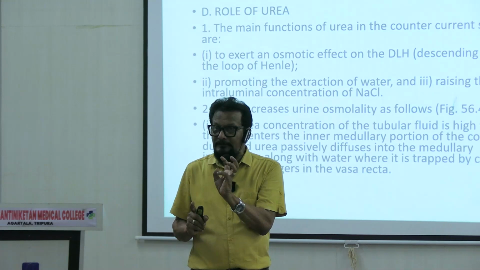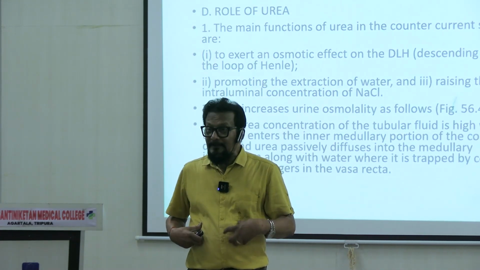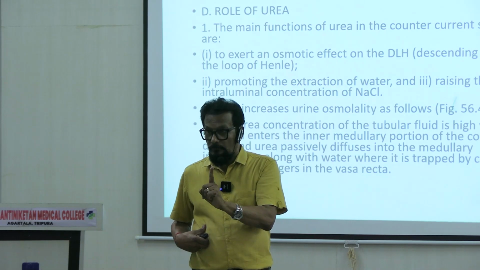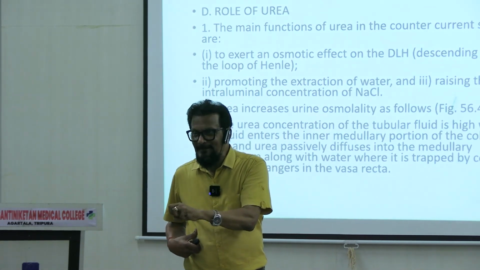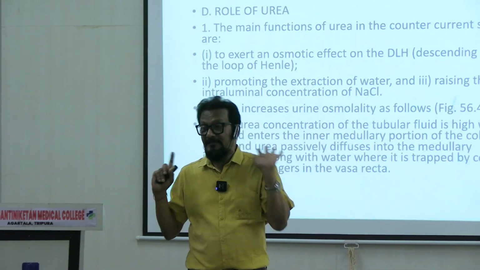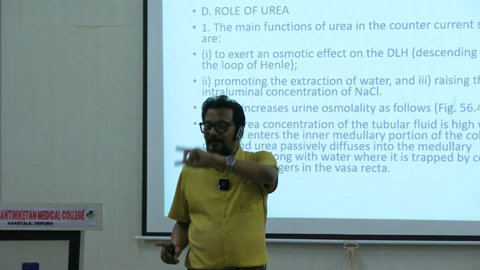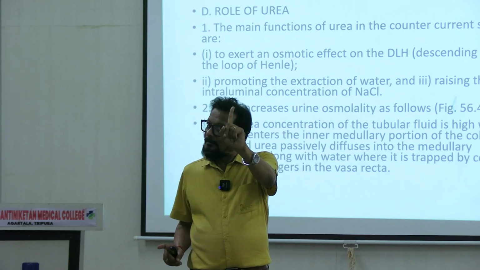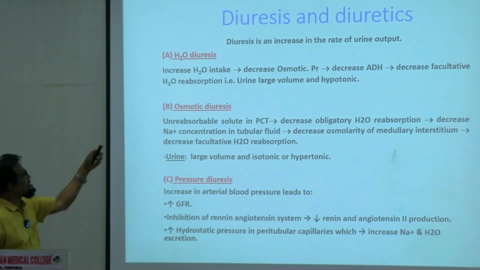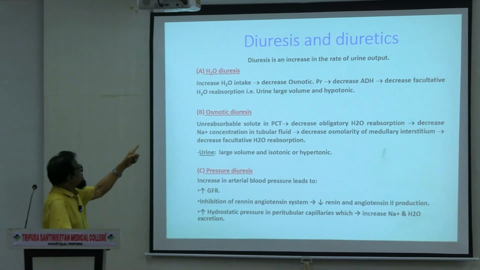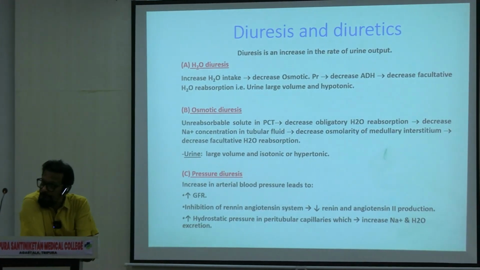Depending on the hydration condition of the body, it will decide what to do, either to concentrate the urine or to dilute the urine, with the help of the hormonal system, ADH and aldosterone. What is diuresis? Diuresis is an increase in the rate of urine output.